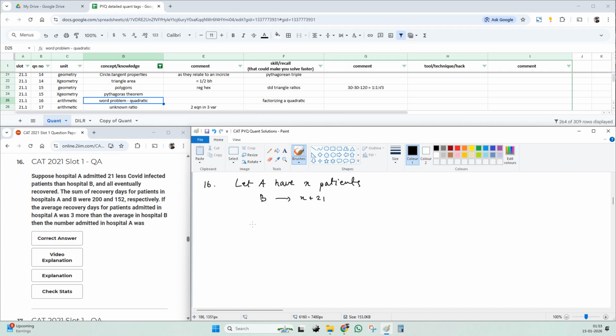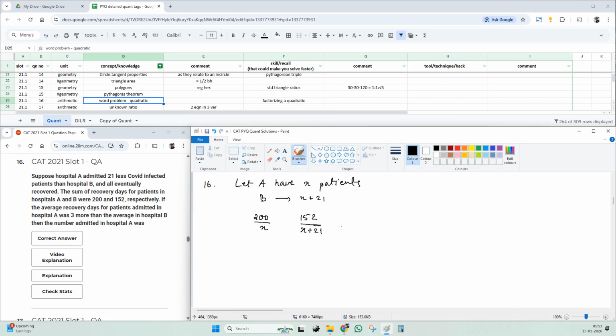The average recovery days for patients in A would be the 200 total days divided by the X patients, and the corresponding value for B would be total of 152 days for the X plus 21 patients.